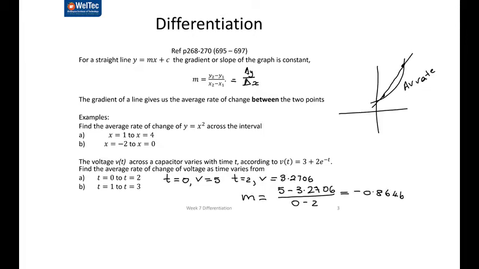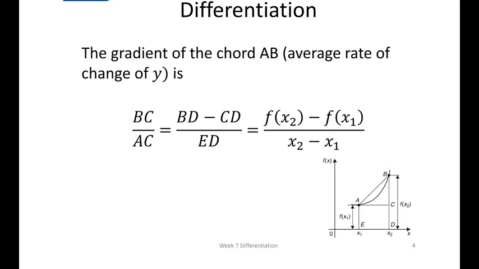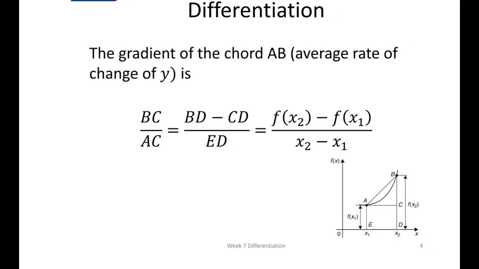Right, that is to find the average rate of change. What we've done there is we've found the gradient of the chord that's joining AB, and that gives us an average rate of change.